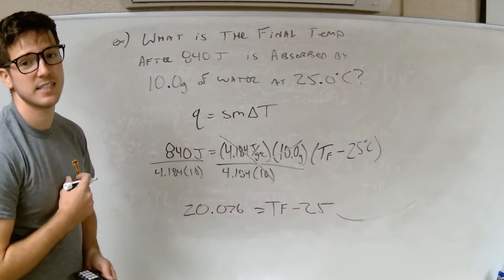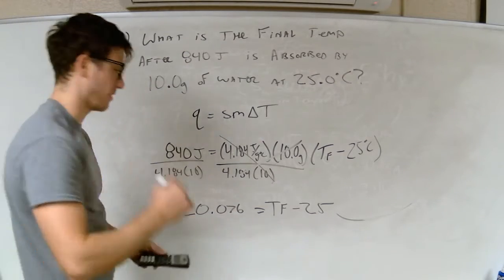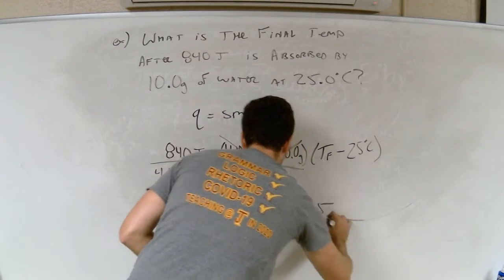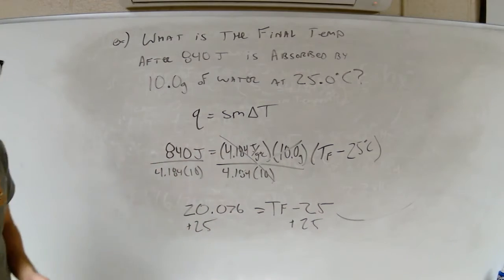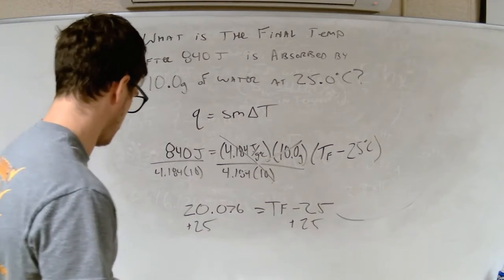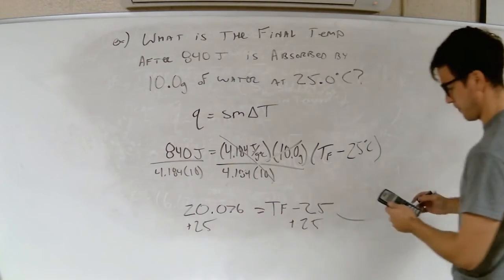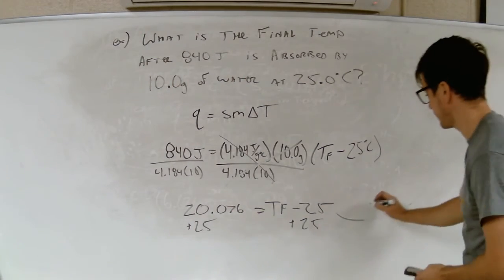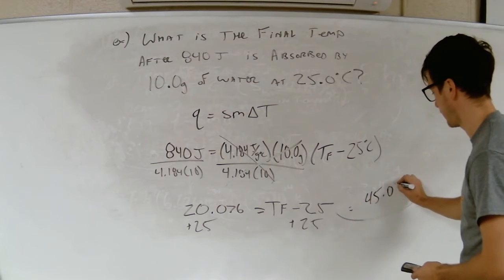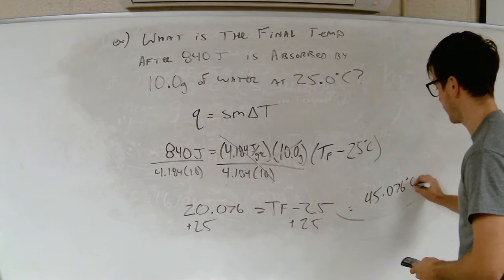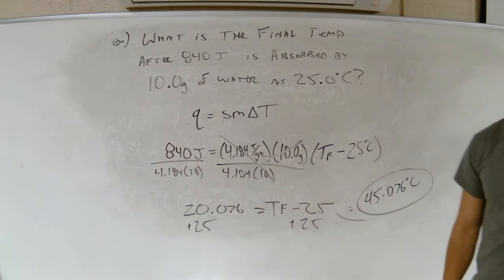And then to get TF by itself, you just add 25 to both sides. And our final temperature will be pretty much 45.1, if I were to round, 45.076 degrees Celsius. Okay?